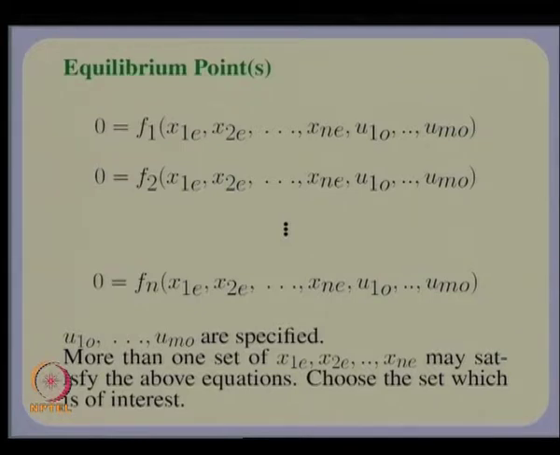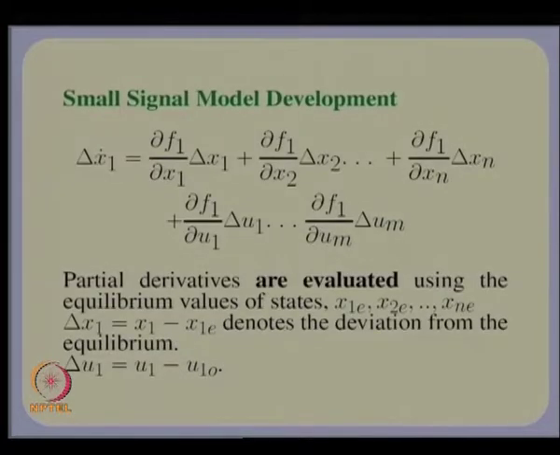Now, in the general linearization procedure, we will choose the set which is of interest. I mean, you are really going to do small signal analysis around an equilibrium point. So, you have to decide the equilibrium point. So, choose the set which is of interest. After that, you need to take each nonlinear differential equation and linearize it.